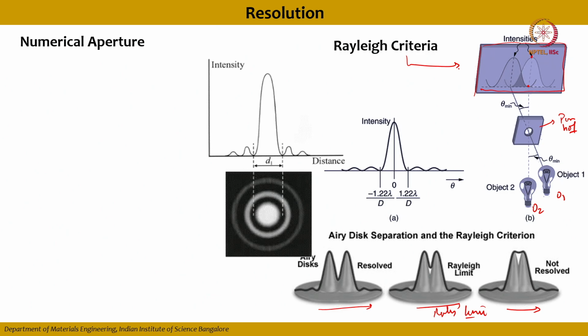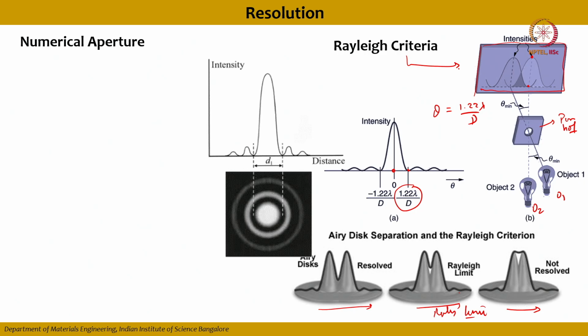So remember, the first minimum of the diffraction pattern of one object matches with the maximum of the other object's intensity, and the first minimum occurs at theta equal to 1.22 lambda by d, which is derived from the Bessel function.